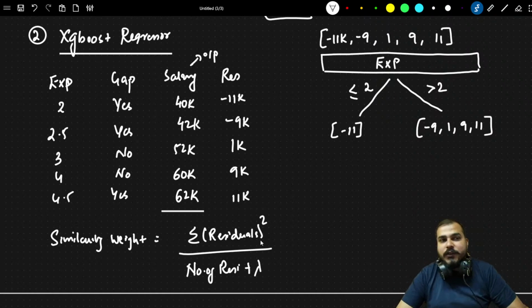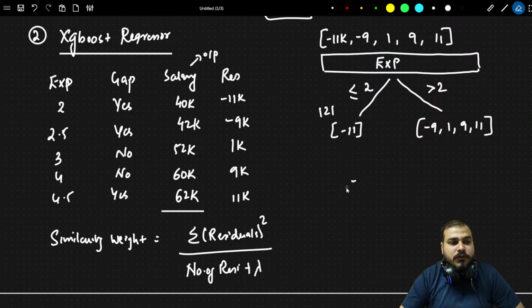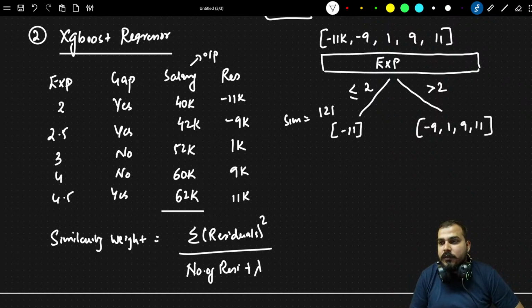Previously we were using probability, but here we are not. So the similarity weight of this becomes 121 divided by the number of residuals, which is 1, plus lambda, which is 0. So this is going to be 121. Clear till here? I hope it is fine.